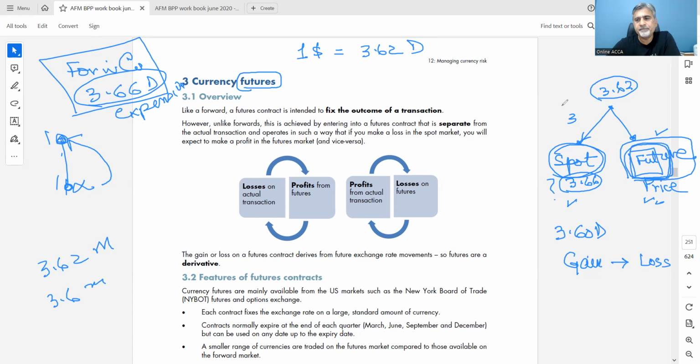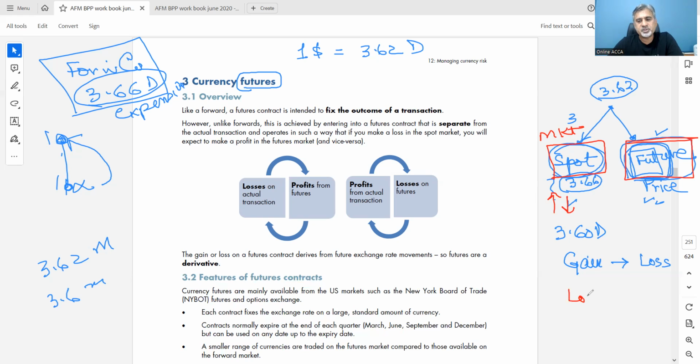But in a future, like I said, you will buy a future contract. I'll repeat it again. You will buy this future contract as a separate thing. This is your actual dollar purchase from the market. This is a separate thing. So you are not asking or committing someone to give me $1 million at this rate. No. You say, I will see whatever happens to the market. Market may go up, market may go down. So I will be making either a gain or a loss.